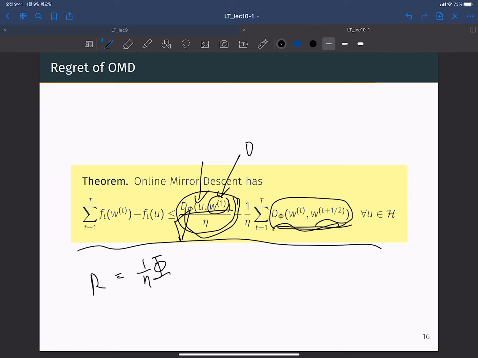Okay, this is very important. Indeed, there is some trade-off. When you control Π, either this increases and this decreases, or this decreases and this increases. In general, there is some trade-off relationship between the diameter and the stability term. So depending on which problem you attack, we have to well control the regularization function so that our regret can be minimized.